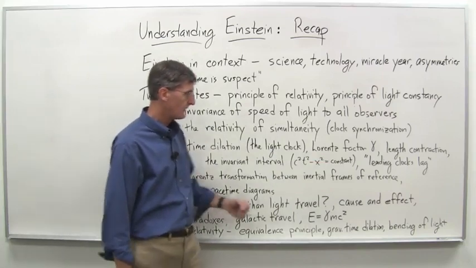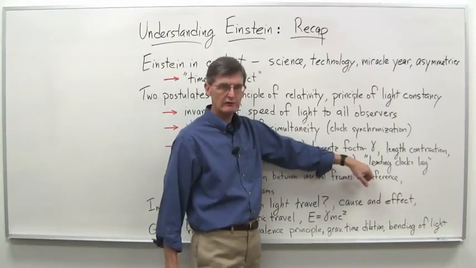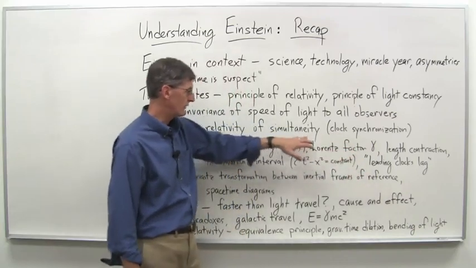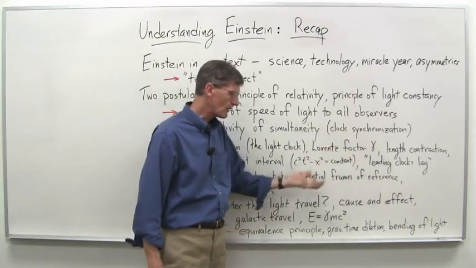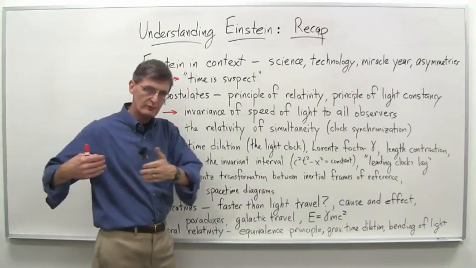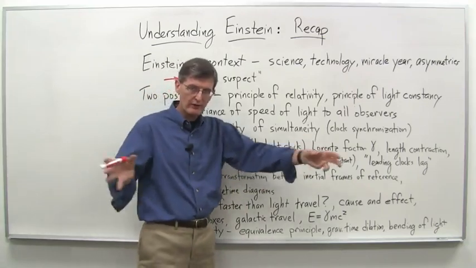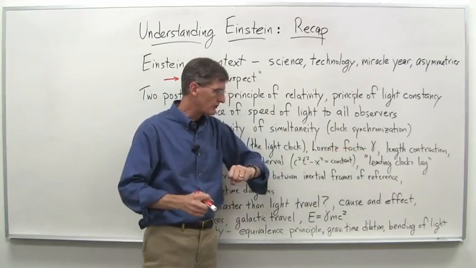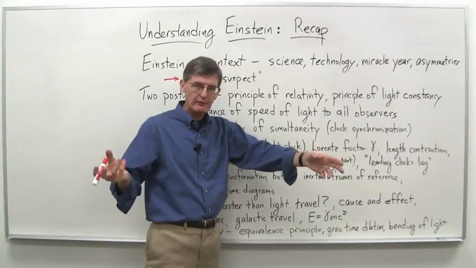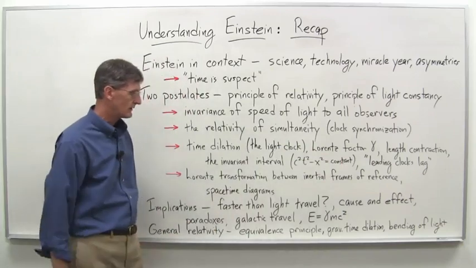And then the phrase leading clocks lag. We talked about the relativity of simultaneity, relativity of synchronization, but if, as you observe clocks, two clocks go by and they're moving with respect to you, the leading clock will lag behind the trailing clock.